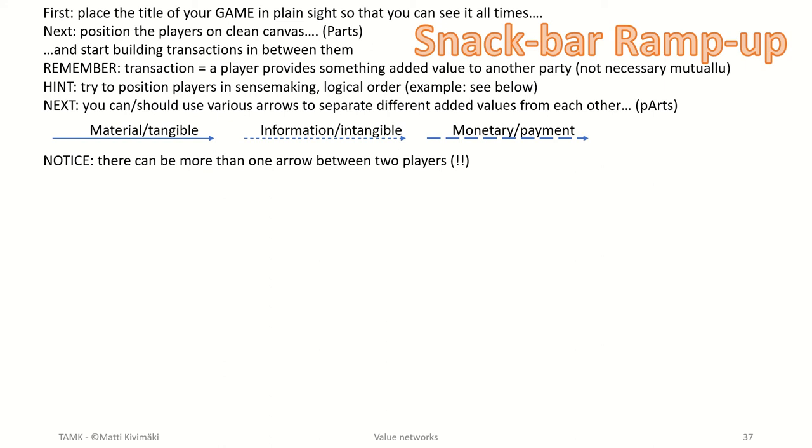Now remember that there most likely will be more than only one arrow between two players, and as you start positioning the players on the game board or canvas, you will start, through discussion, noticing the possible transactions between the players, and also you most likely come to notice that some players are missing from your game.